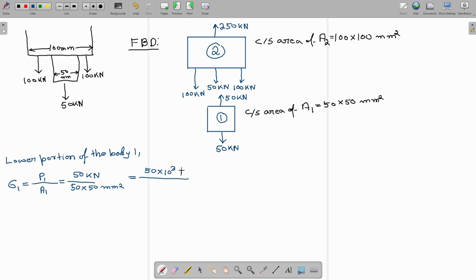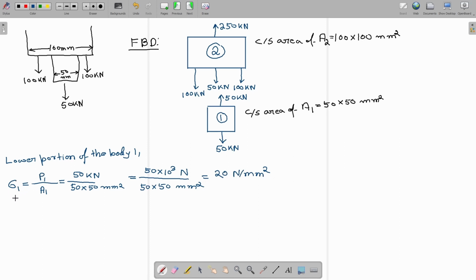What we did here is convert kilonewton into newton. So 50 into 10 to the power 3 newton by 50 into 50 millimeter square. Therefore, the answer is 20 Newton per millimeter square. Simple calculation, 20 Newton per millimeter square.